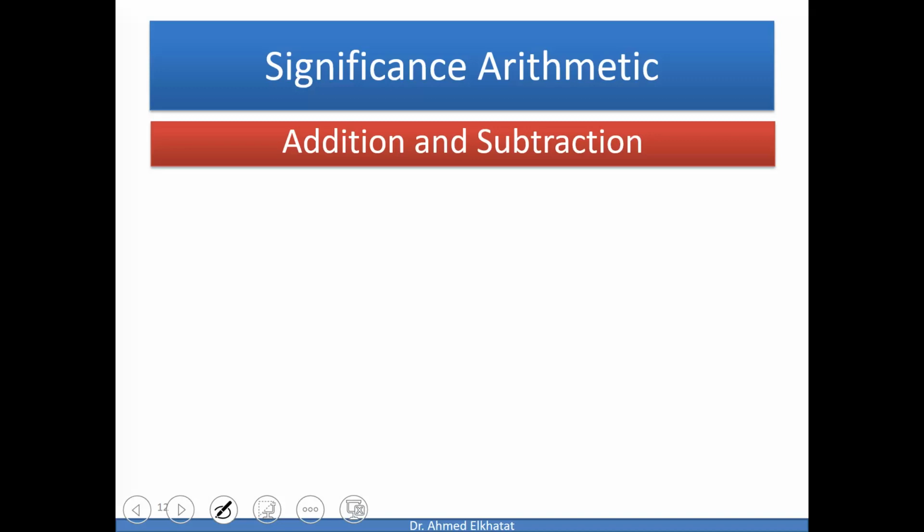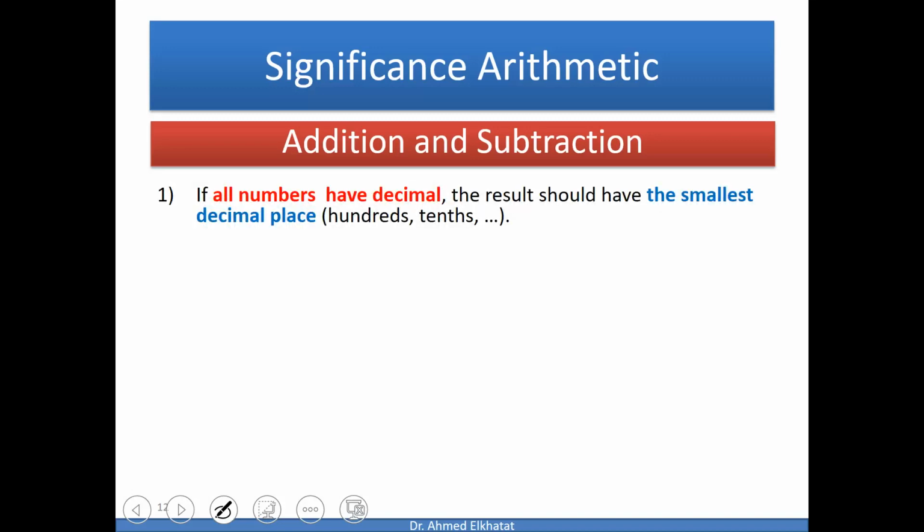Now, addition and subtraction. Addition and subtraction is the more tricky part. Here we have two rules, not one rule like division and multiplication. If all numbers have decimals, then the result should have the smallest number of decimal places. For example, if you have hundredths decimal and tenths decimal, tenths is less than hundredths.